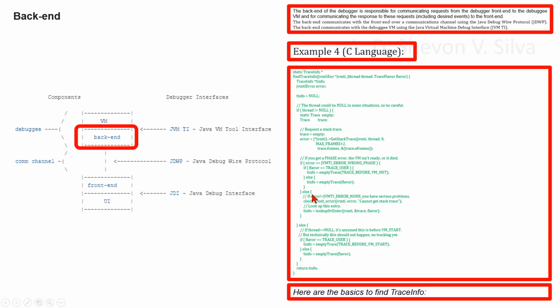Calling GetStackTrace could also return an error message that the VM is not in the live phase, but a value JVMTI_ERROR_NONE indicates that you did get a stack trace.